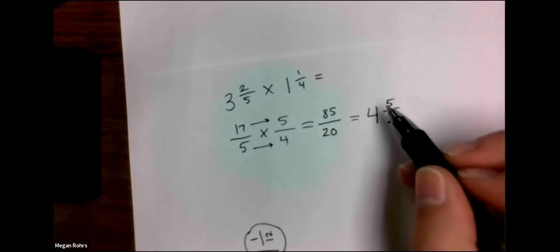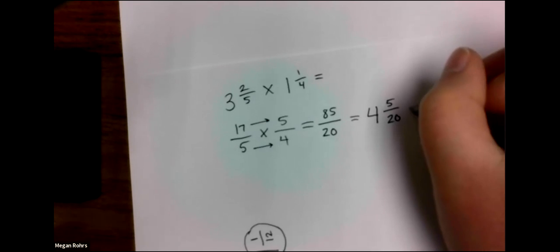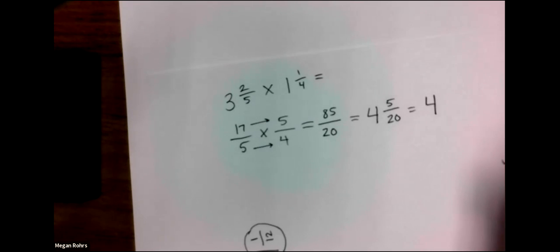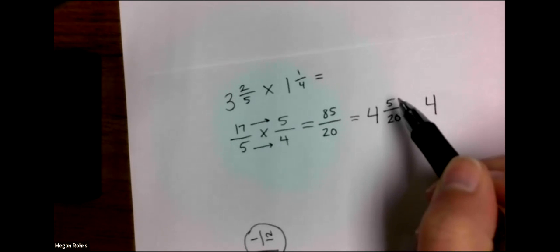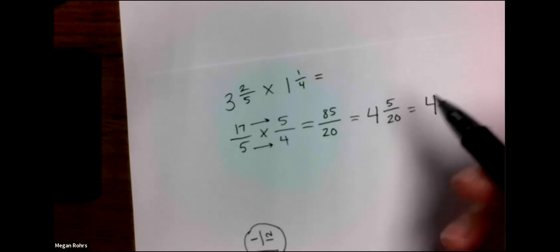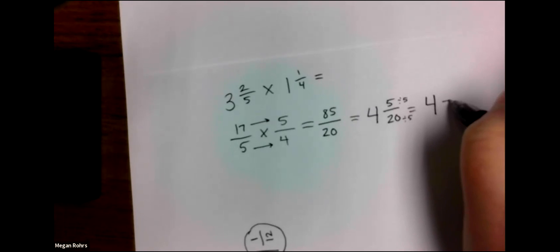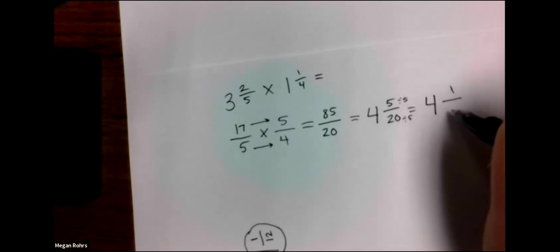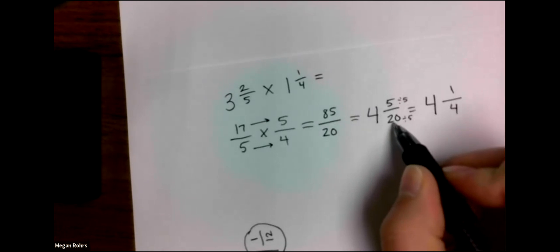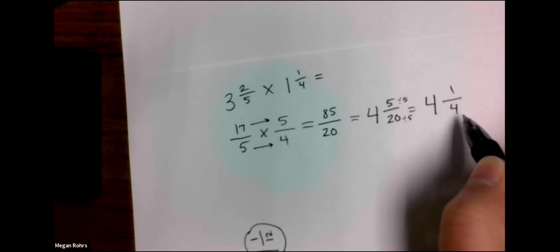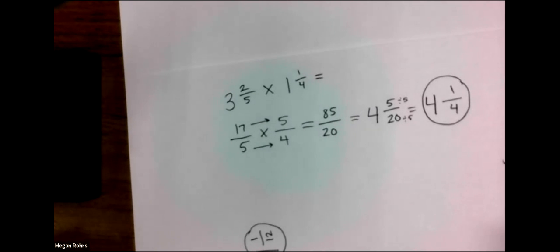Now this is a mixed number, but this fraction can still be reduced here. So still going to be a whole number 4. Now I know that 5 will go into both 5 and 20 here. So if we divide by 5 here, that will leave us with 1/4. So 5 divided by 5 is 1, 20 divided by 5 is 4. So my final answer would be 4 1/4.